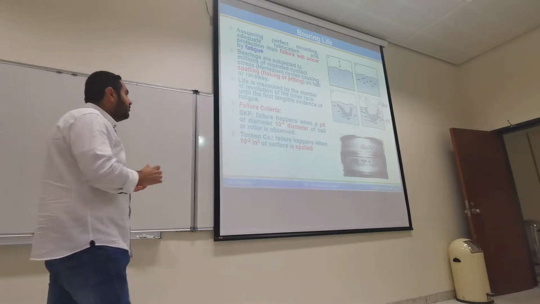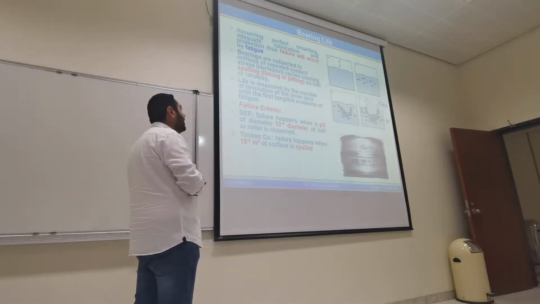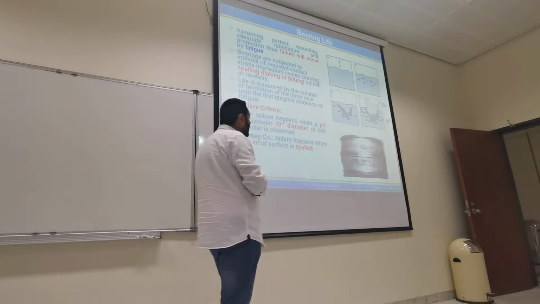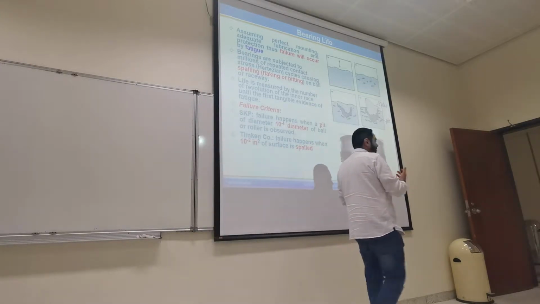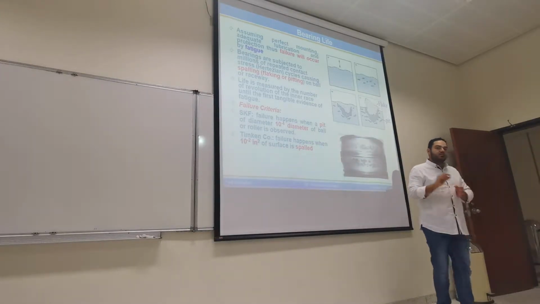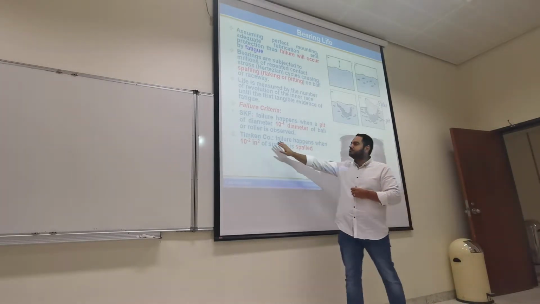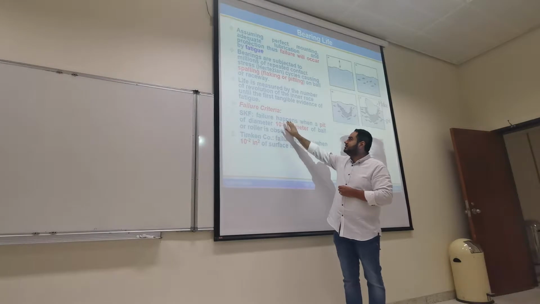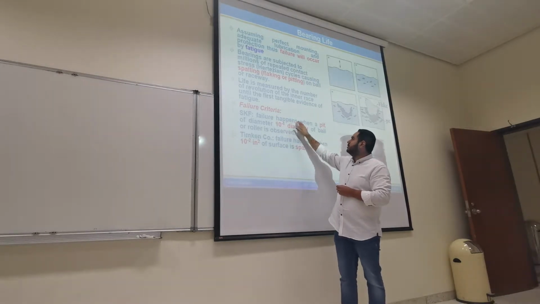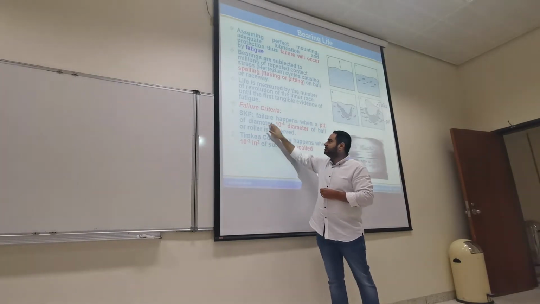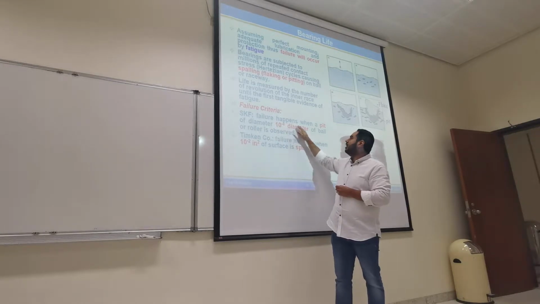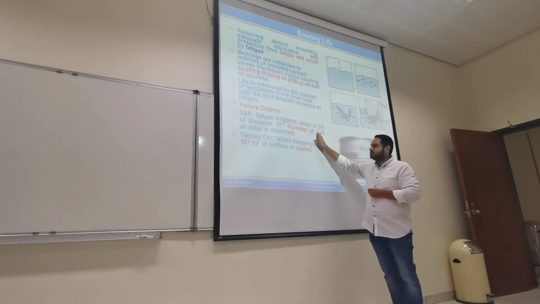But if we assume that fatigue is the cause of failure, bearing manufacturers do a number of tests on the bearing, and they set certain criteria. The failure criteria based on the bearing manufacturer is that failure would happen when a pit of diameter 10 to the minus 4 of the ball or the roller diameter appears.